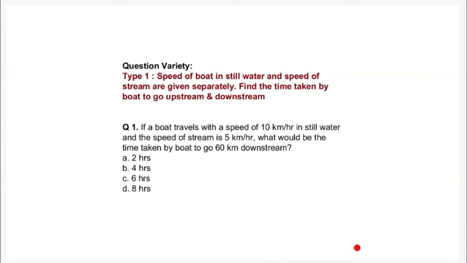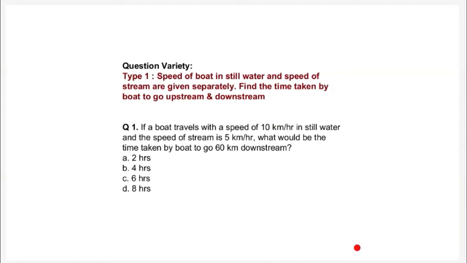This is type 1: speed of boat is given, and speed of stream, or you can say speed of current, are both given separately. Find the time taken by a boat to go upstream or downstream. If you have to calculate upstream, calculate upstream. If downstream, calculate downstream.